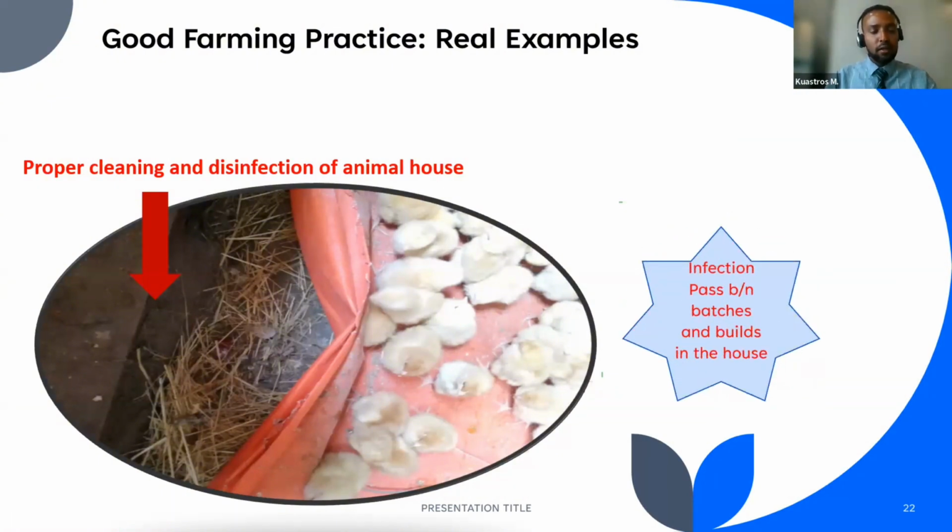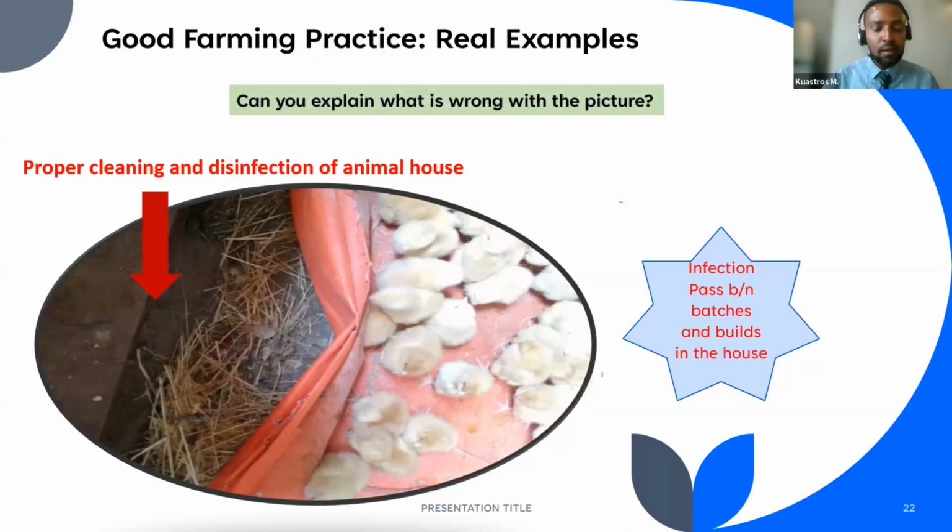So new batches are introduced, but you can see from the arrow, the debris or fecal material from the previous batch is not properly cleaned before introducing these new batches of birds. So, you know, the infection that is in the previous batch can easily transmit to these newly introduced birds. So a very visible example.